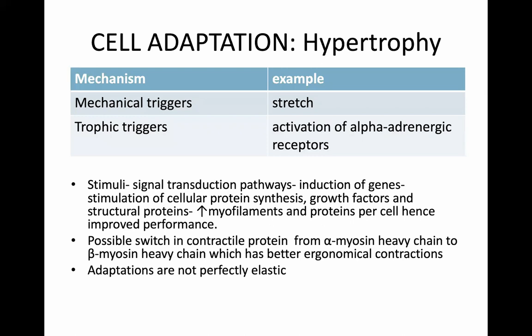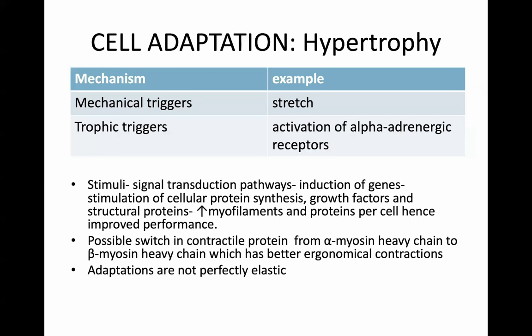Hypertrophy and hyperplasia can also occur together. That's possible. An example is the enlarged gravid uterus, when a woman becomes pregnant.